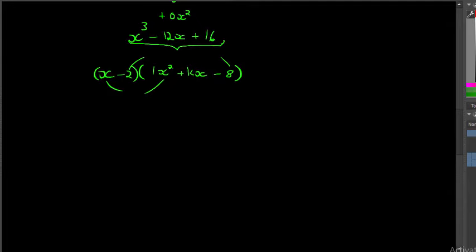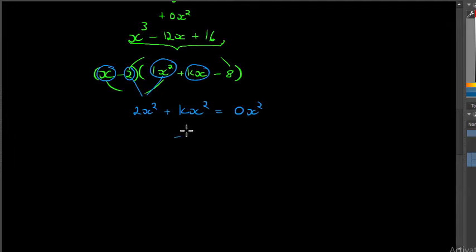So for example, look here, I'll do it in a different color. Okay, when I multiply 2 with x with this, I get 2x squared. I also get an x squared when I multiply x with kx. So that is plus kx squared. And that should give me the 0x squared.